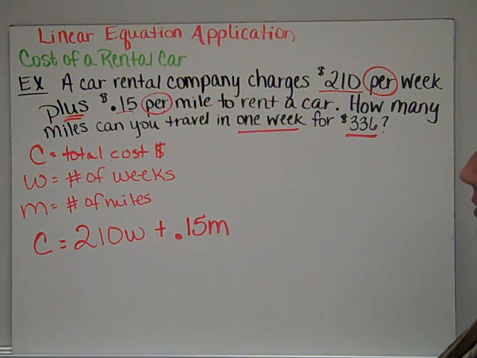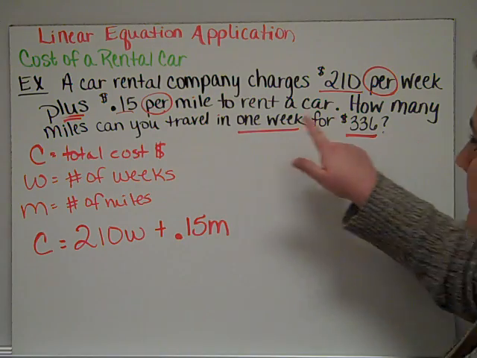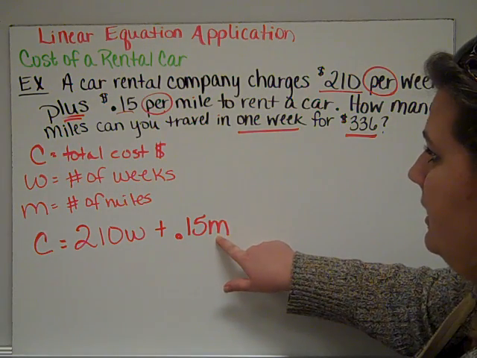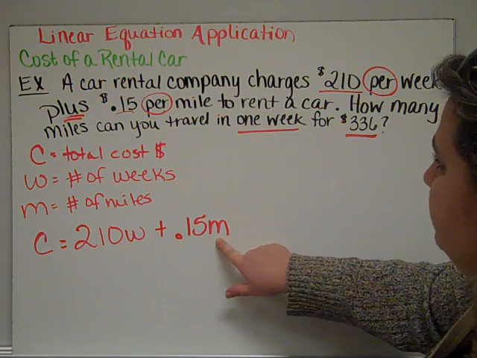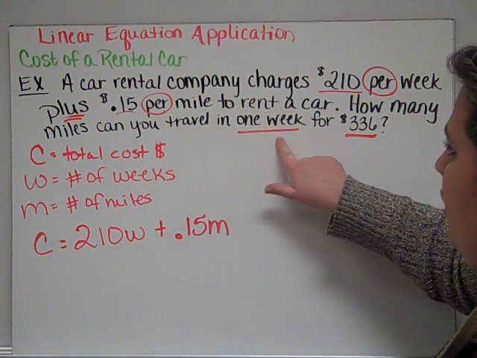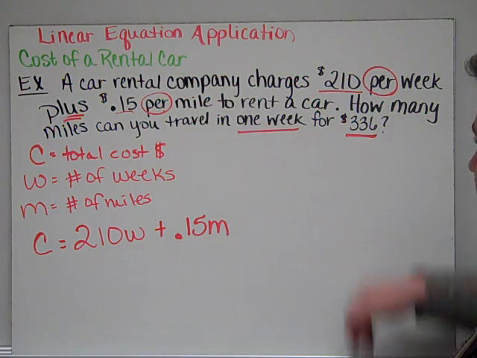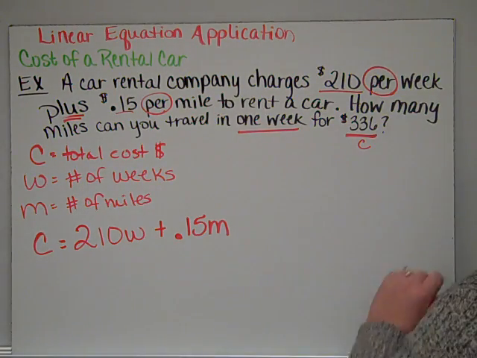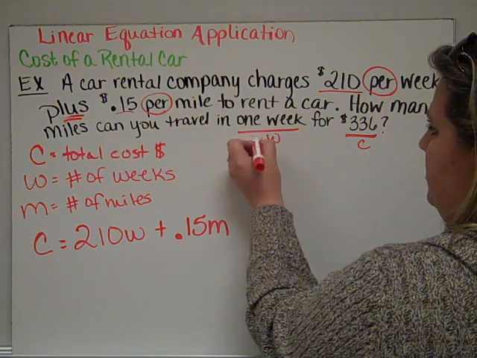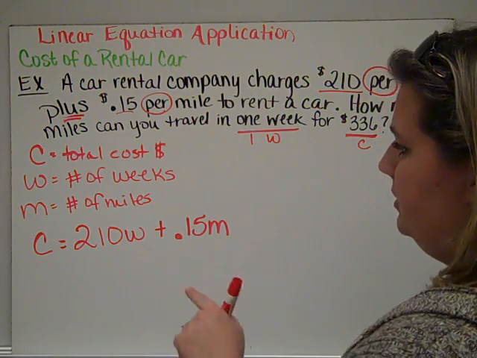Now they're asking how many miles can I drive if I'm traveling in 1 week for $336? So this is my total cost, and this is definitely my W, 1 week, so we're going to plug those in.